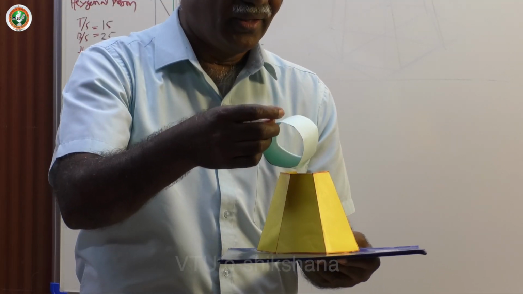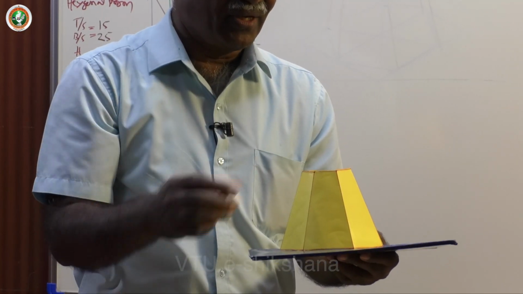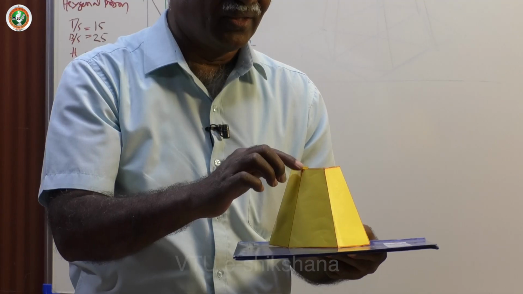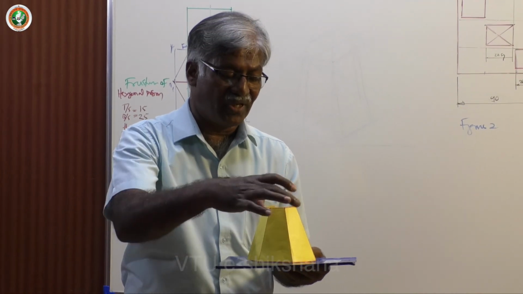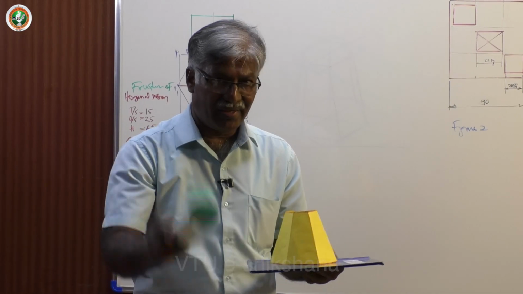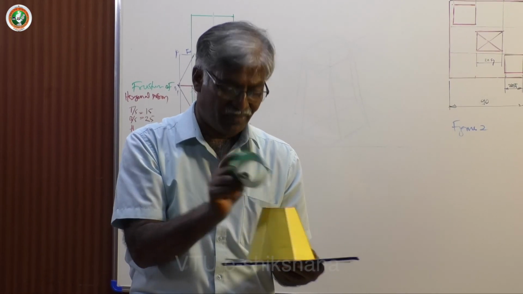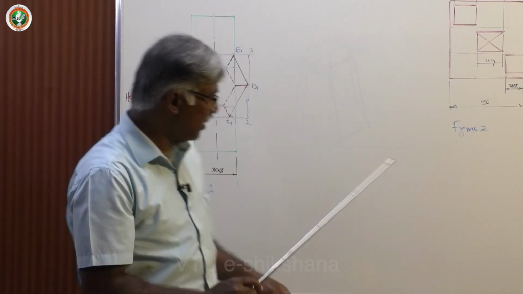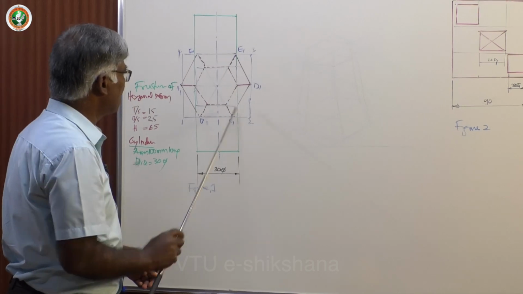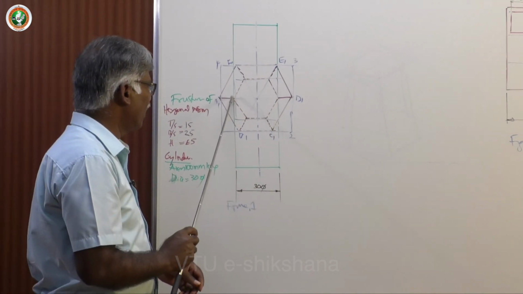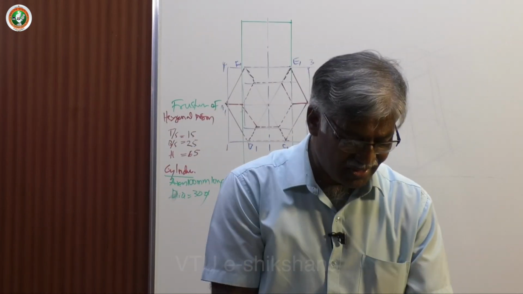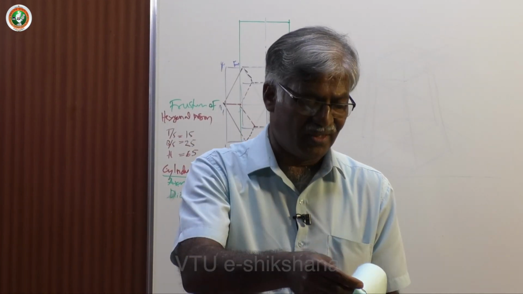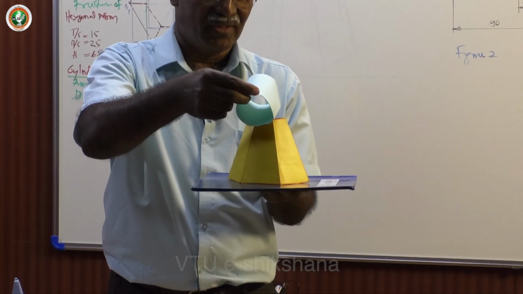Now the interesting point is this top edge is 15, then the total becomes, if you project this, 30, and diameter of the cylinder is also 30. That means in top view you can see the corners are going to touch the top view of the generators. So in that way you can easily work out, easy to understand. This is the model.